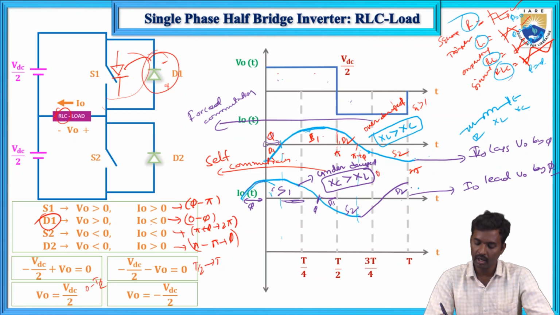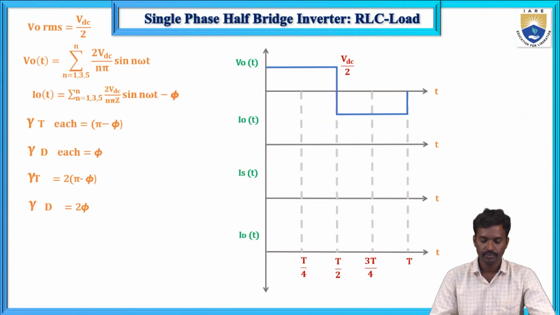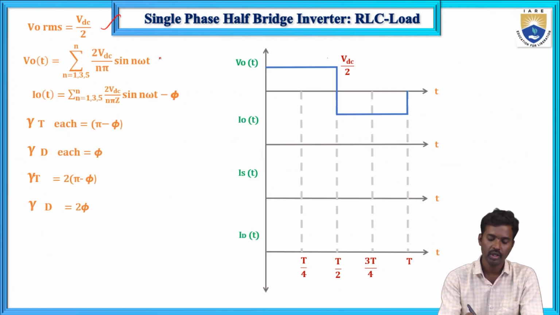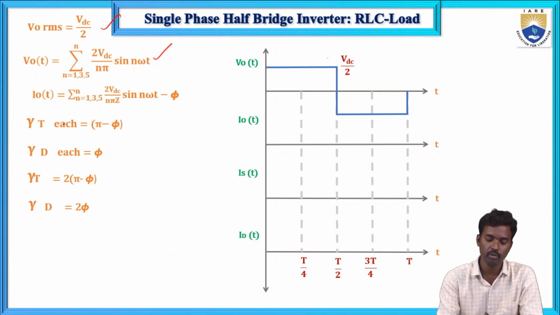Underdamped case means zeta is between 0 and 1. So this is the most important point. Now the RMS output voltage is V0 equals summation over n equals 1, 3, 5 of 2 VDC by n pi sin n omega t. But what about the current?